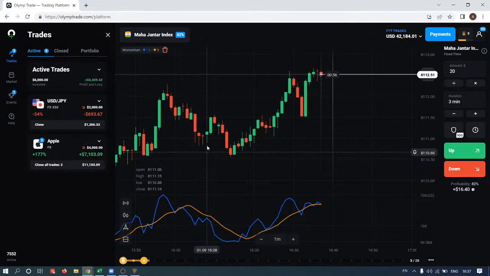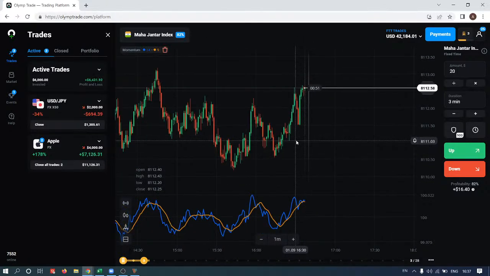Okay, guys, that's it for today. I tried to explain this strategy as clearly as I could. I hope I did manage to explain how it works. Thank you very much, and I hope you will practice this strategy. Maybe next Thursday you can tell me whether this strategy works for you or you prefer some other strategy.